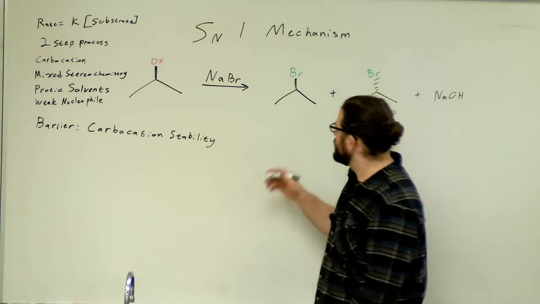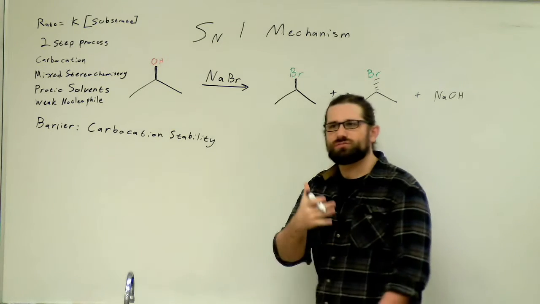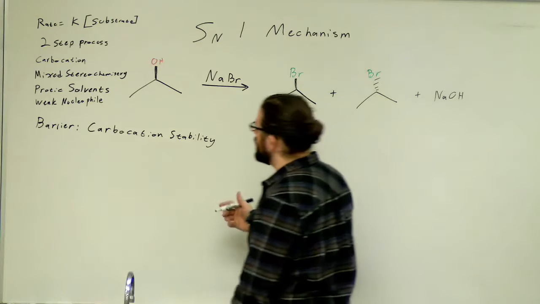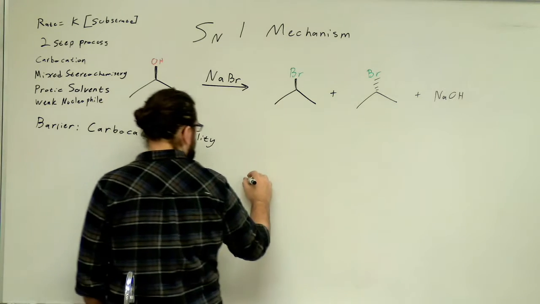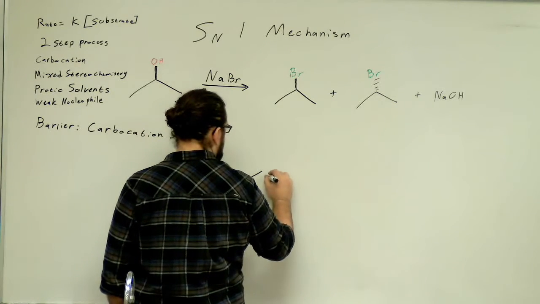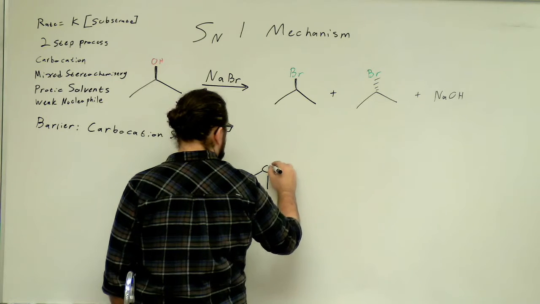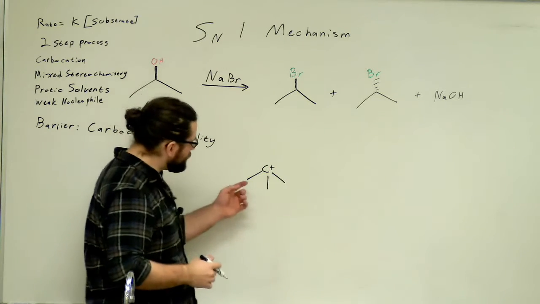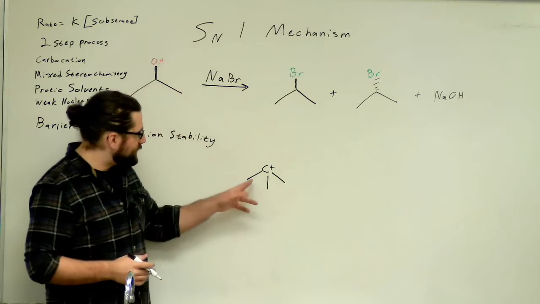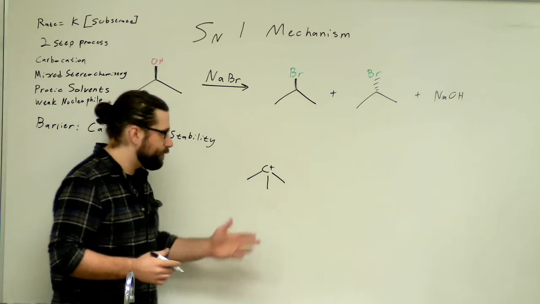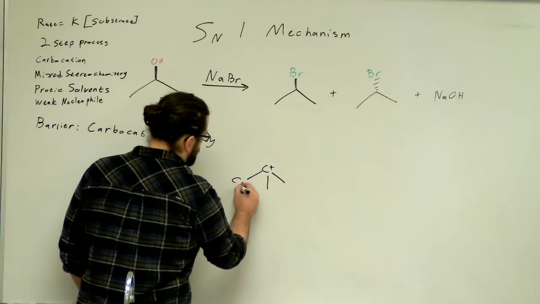So carbocation stability follows some specific trends. When we have something like a tertiary substituted carbocation, we have something like this. It's got a methyl group here, methyl group here, methyl group here. So we've got CH3.